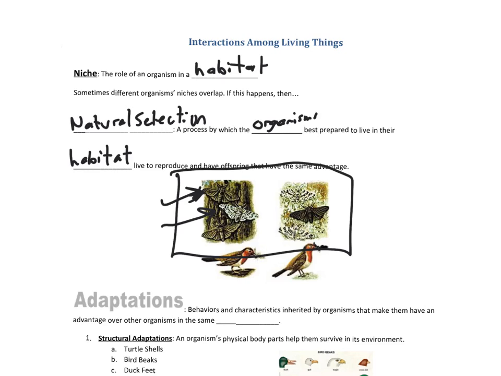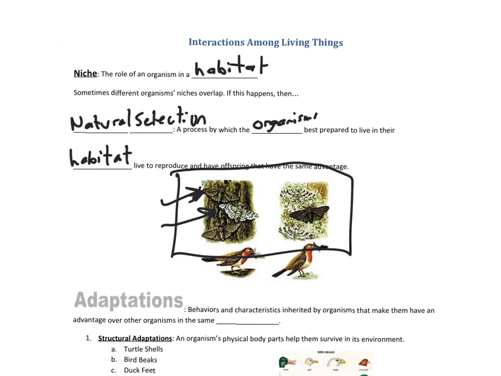Before the Industrial Revolution, they would rest on birch trees, which have white bark all the way around. Whenever these moths landed on the white birch tree, the darker colored moths would show up more and would get eaten more by birds. So you would have a natural selection where the white moths would survive better because they blended in with the bark of the birch tree.